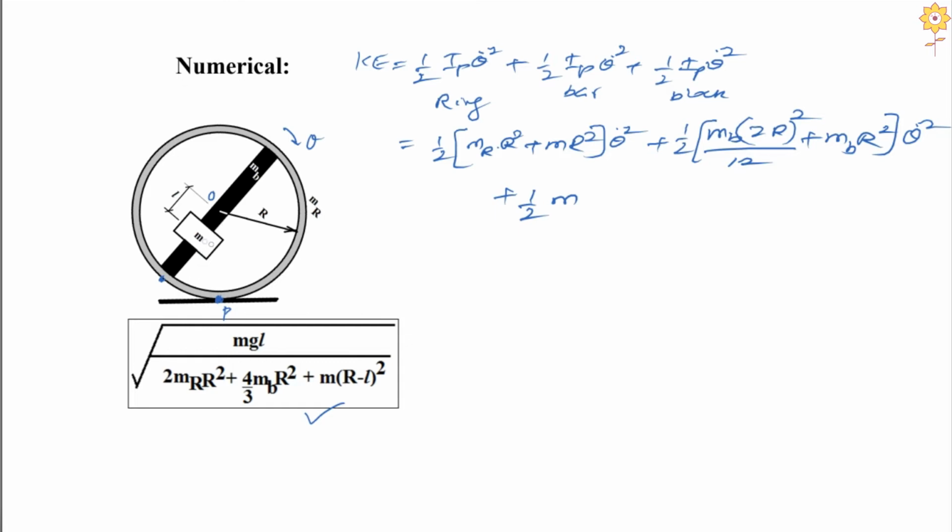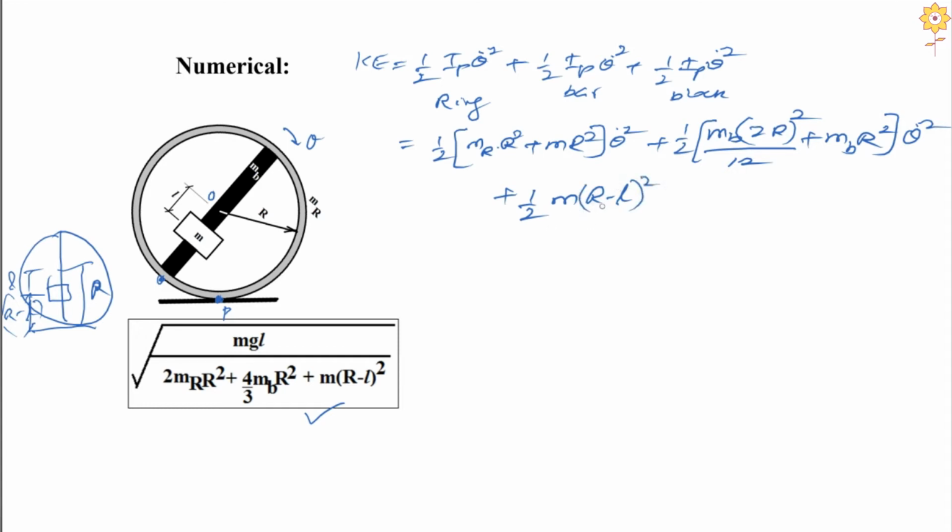If this original point would have been over here, this would have rested something like this, right? And this distance is equal to capital R minus this length L. So this should be R minus length L, fine. So m into (R minus small l) squared.